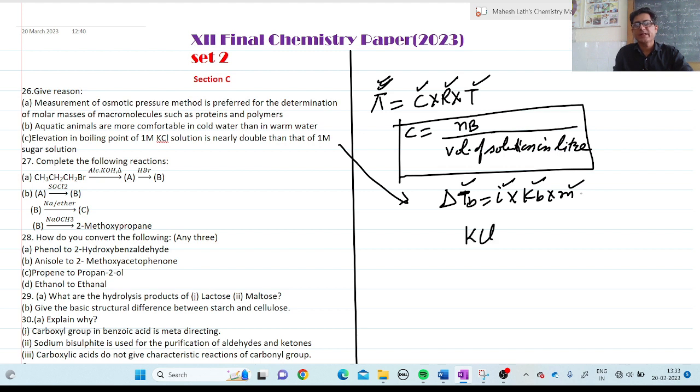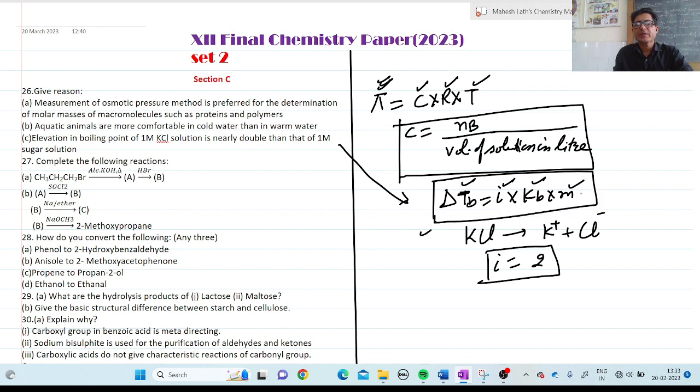As KCl dissociates into K positive and Cl negative, i is equal to 2, double than that of sugar solution. So the more the value of i, the more is the elevation in boiling point. So the only factor is dissociation of solute.